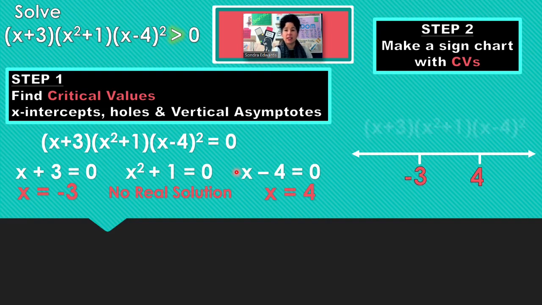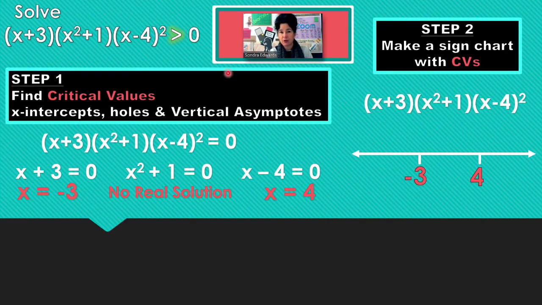Next, you're going to take that expression, and that expression comes from my original. Before I started in on critical values, I would want to make sure everything was set to one side to 0, and whatever's over here becomes this expression. Okay, next I'm going to pick numbers from each section and substitute them into this expression.